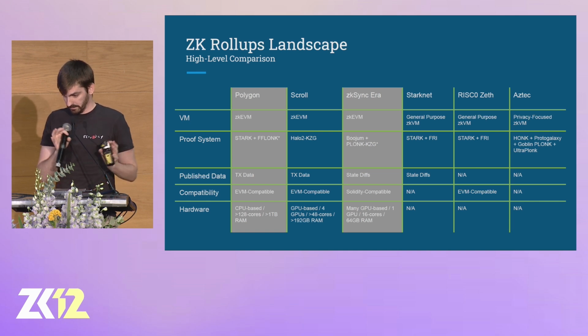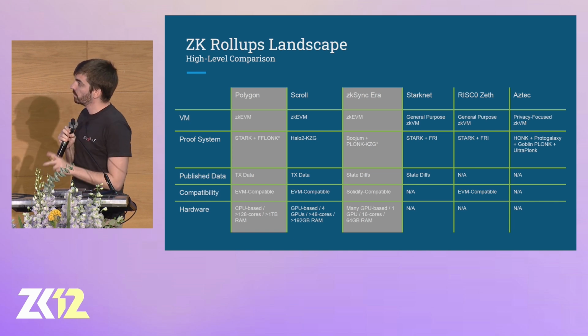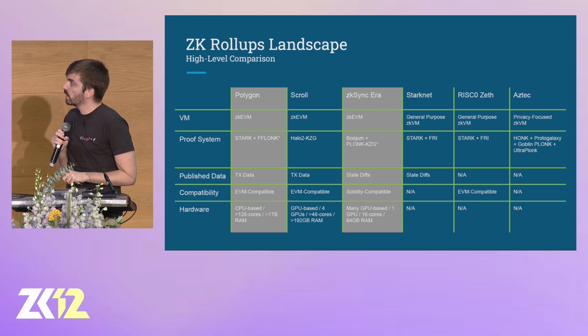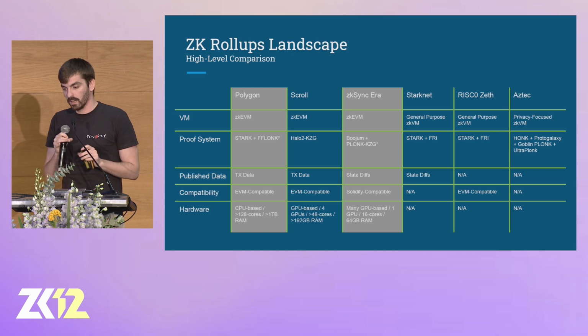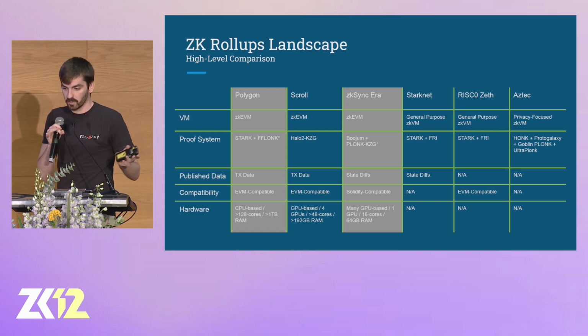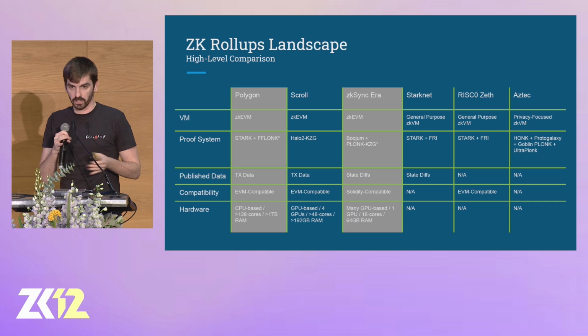So some notes here: both use two-proof systems, one for the initial proving, and then they convert a larger proof, a Stark proof typically, to a smaller, more succinct proof that will be submitted to the L1.